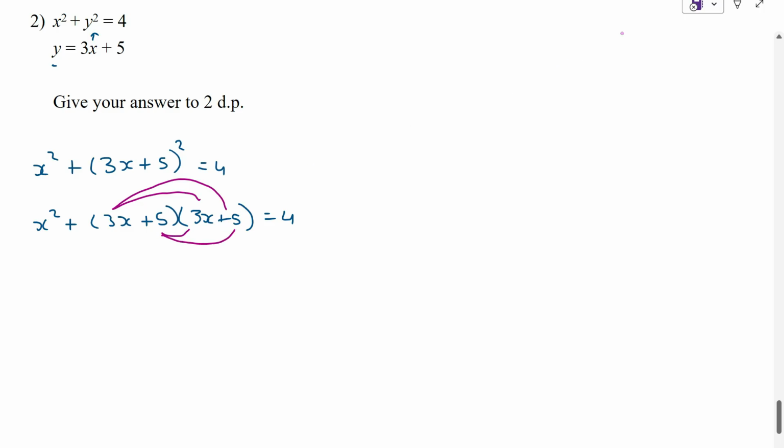Just going to do it here on the side. That will give us 9x squared plus 15x plus 15x plus 25. Simplified, that leaves us with 9x squared plus 30x plus 25.